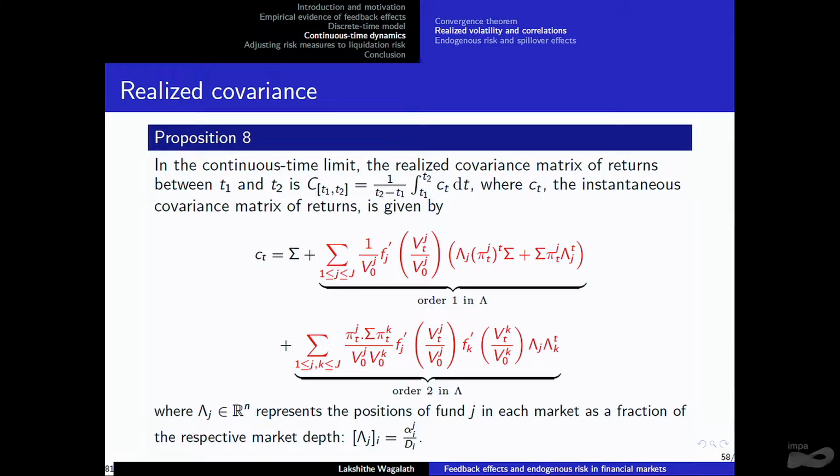So what's interesting here when we have the continuous time dynamics is that we have lots of things which are tractable, and one thing that we are interested in is how the dependencies between the assets move because of feedback, right?